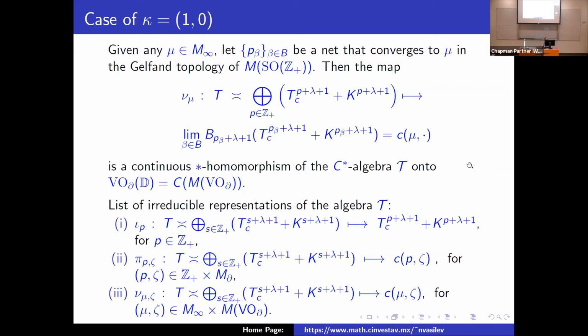And the last one is exactly connected with this quantization procedure. We fix a point in this M infinity. We fix zeta in the compact of maximal ideal of the vanishing oscillation set. Then we send the Toeplitz operator, by this procedure, first to the corresponding slowly oscillating, vanishing oscillating function, and then we fix the argument. This is the list of all irreducible representations.